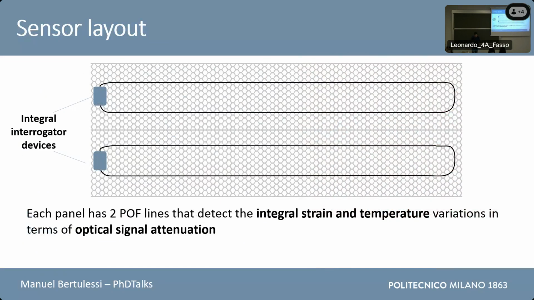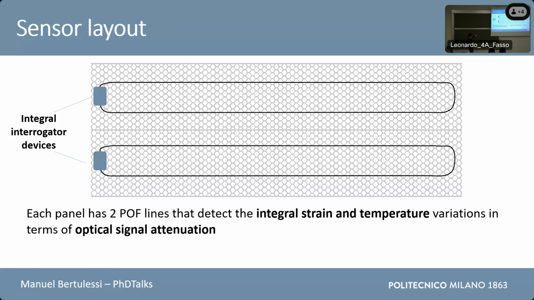So each panel of revetment is equipped with all the technology needed for reading integral strain and temperature in terms of optical attenuation. Here we don't have, like in distributed fiber optic sensing, a strict correspondence with the physical quantities of microstrain and degrees, but it is in terms of optical signal attenuation.